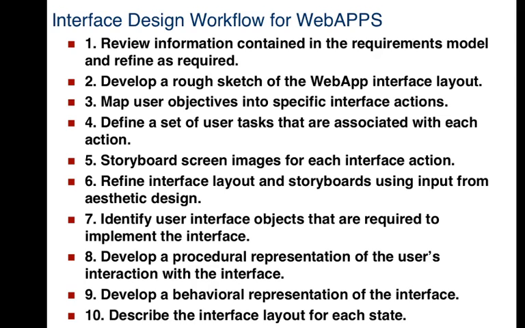Ninth, develop a behavioral representation of the interface. Behavioral means communication. Behavioral diagrams we already discussed in the previous units, like use case diagram, sequence diagram, and activity diagram. With the help of them, we can design a good interface. Tenth, describe the interface layout for each state.